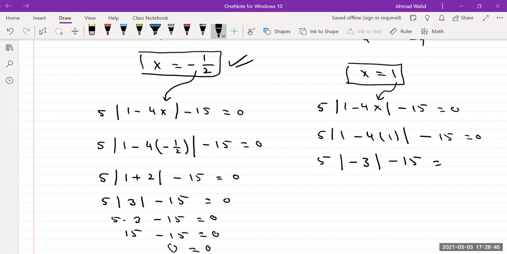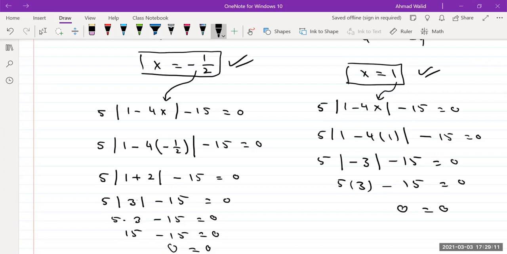Minus 15 equals 0. The absolute value of negative 3 is again 3. 5 times 3 minus 15 equals 0. It means 0 equals 0, so 1 is also a solution. Both answers are correct. Remember, when you are solving absolute value equations, you have to check your answer.